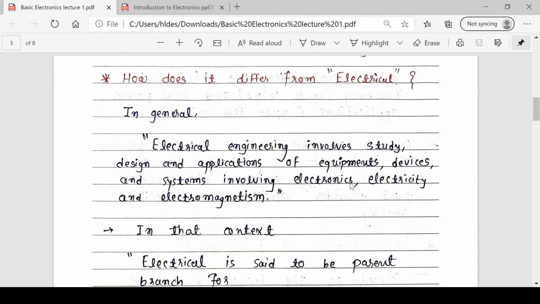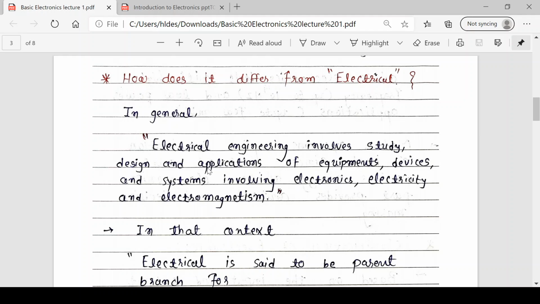In general, whenever the word electrical comes to your mind, you must be thinking about the power supply that comes to our home through various transmission lines. So generally we understand that electrical means electricity, and it is true also. But electrical as well as electronics both deal with electrons. But the difference is, electrical combines different subparts.